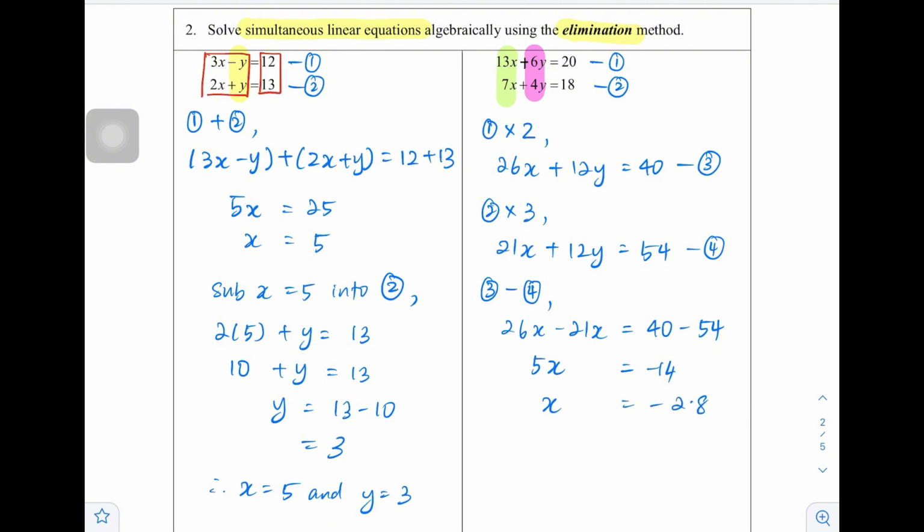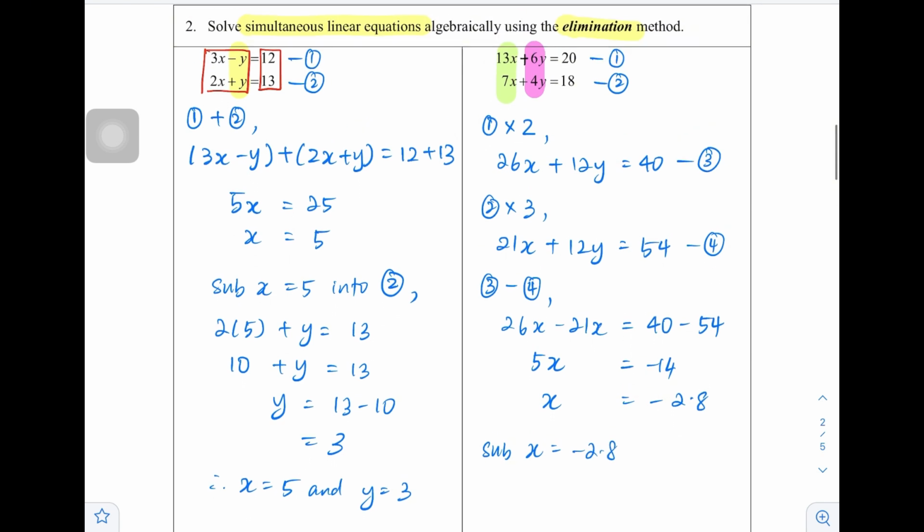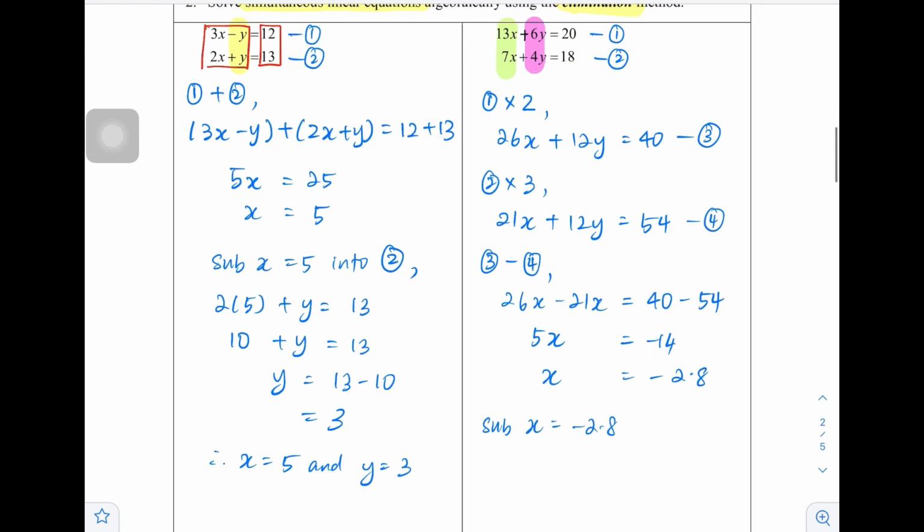After I find x, I would need to substitute x equals negative 2.8 into one of the equations. In this case, I can choose equation 1, equation 2, equation 3 or equation 4. But I will choose equation 2 because the numbers there are smaller and easier to work with.